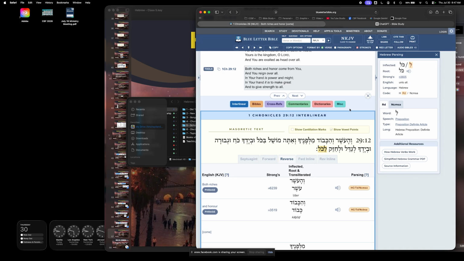But as he's praising God over it, he says no, the riches, the honor, what is weighty, is coming before your face. Why? Because you are the ruler over all. You reign over everything, everywhere. And in your hand is the ability, and the one who does has the power and the might to do whatever you want. You have the power, you have the might, it's in your hand.